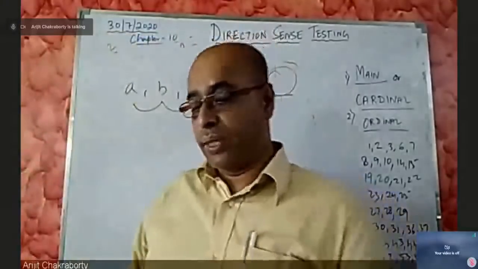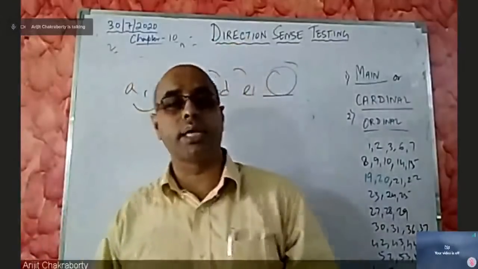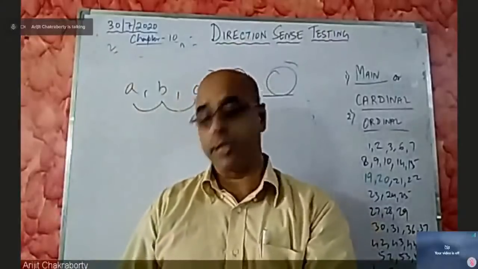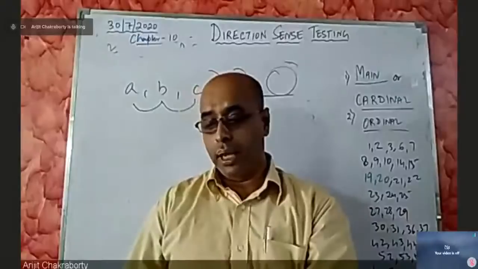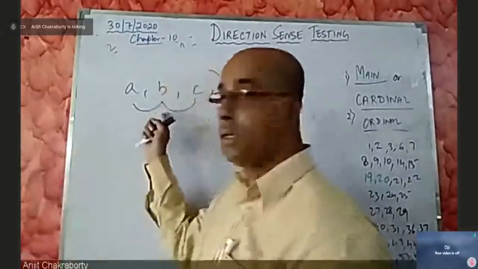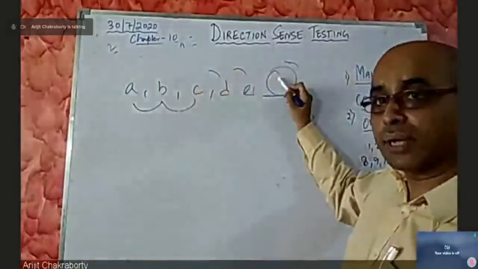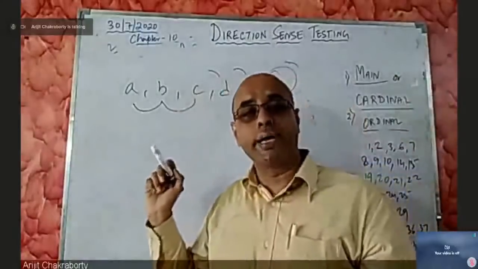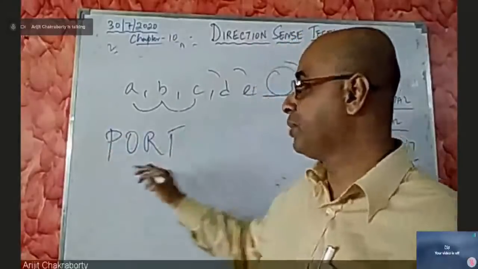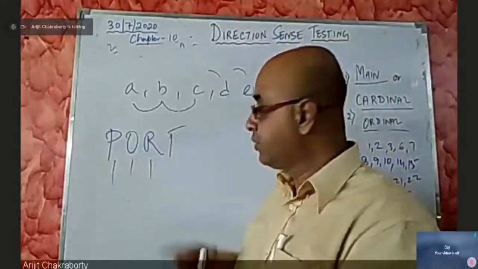Next question from Navneet: how to identify which method is to be adopted. I have done many solutions yesterday, and today also I am about to do more solutions of questions from exercise 9A. Now, how to make sure you don't fall into a trap? Of course, make sure the relation which you derive, the rule which you identify, right? I talked about PORT: P for pattern, O for order, R for relation, and T for trend.